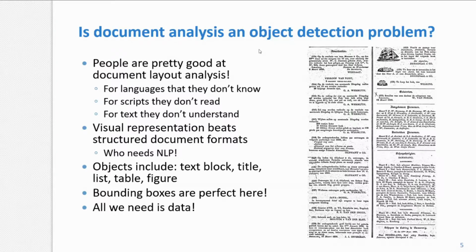When people work in this area, and there are lots of folks who are, they identify a typical set of document layout elements: text, title, list, table, and figure. The nice thing about these objects is that they're all quite square and usually well aligned with the horizontal and vertical, so bounding boxes are perfect for them. So all we need is some massive, huge data sets and we'll be in good shape.